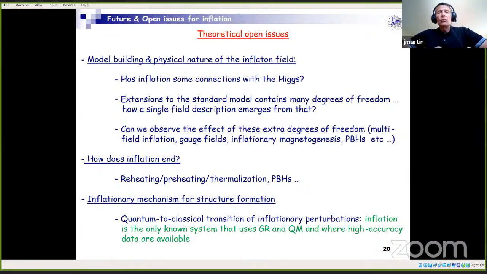And from what we know about physics beyond the standard model, and here I'm thinking about, I don't know, supersymmetry, supergravity, string theory even, we know that all these extensions contain many scalar fields. And therefore, the question that arises is how a single field description, which is extremely simple, can emerge from a situation where there are many degrees of freedom.